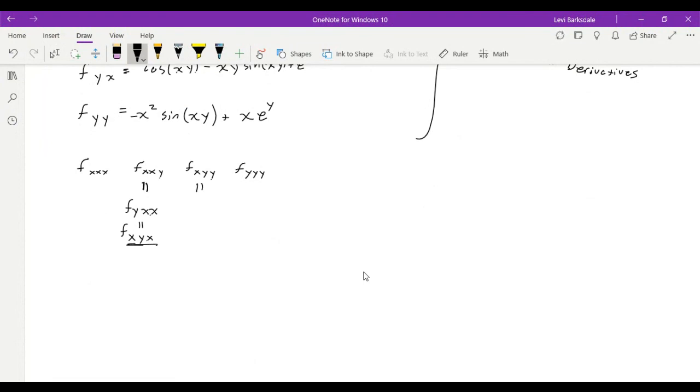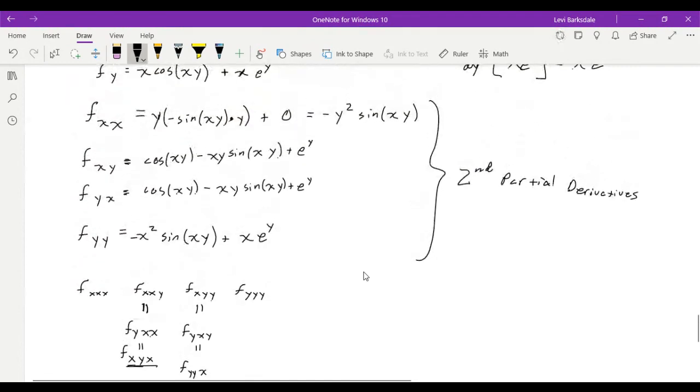So for example, f sub xyy is the exact same as f sub yxy, which is the exact same as f sub yyx. You actually saw this in the previous problem because we got f sub xy is the same as f sub yx.